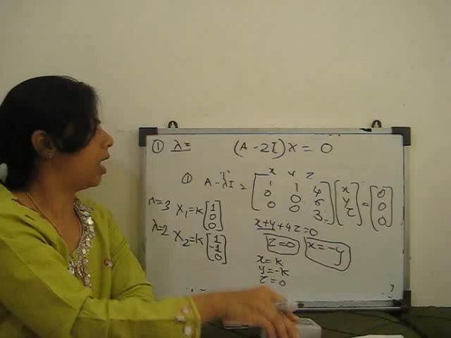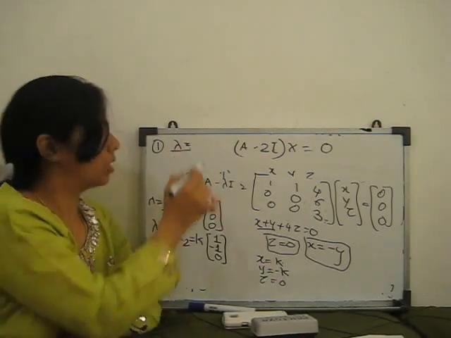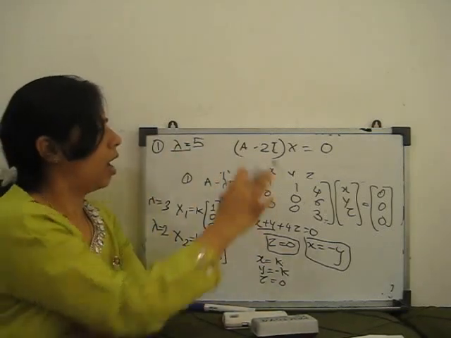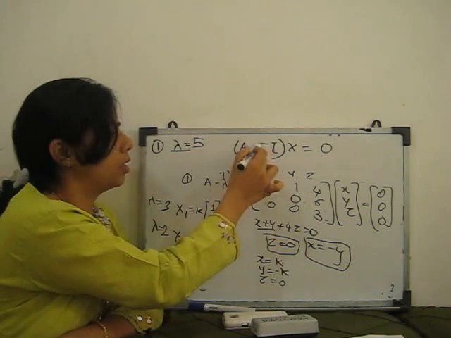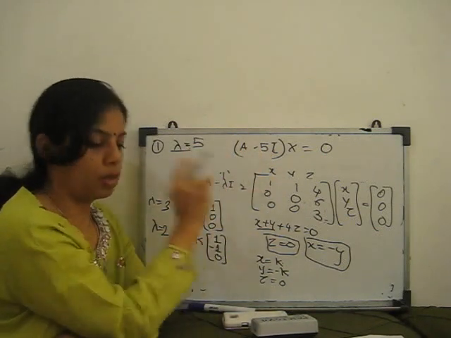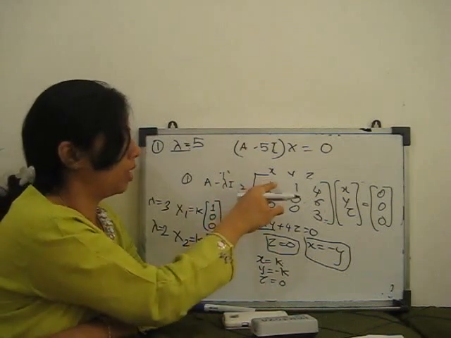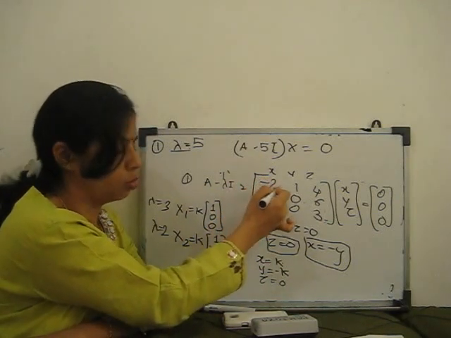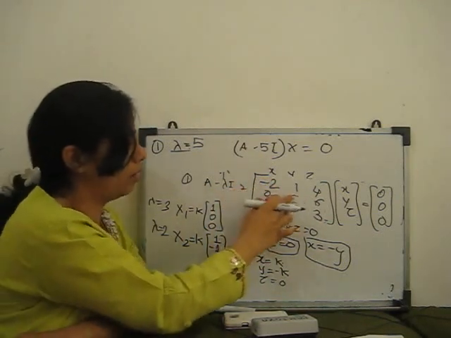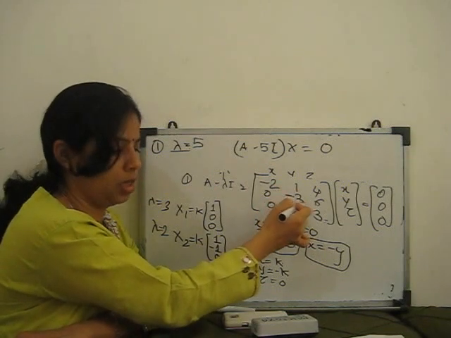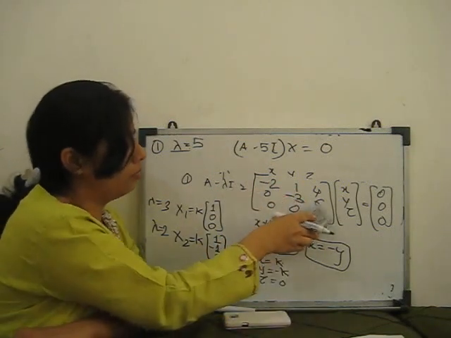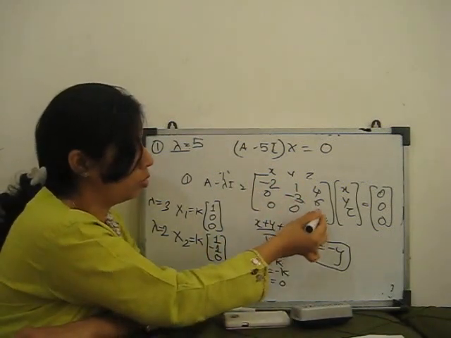Last one: our last root is 5. Now we have to find the eigenvector for λ = 5. So our corresponding matrix is 3 minus 5, which is minus 2, 2 minus 5, which is minus 3, and 5 minus 5, which gives 0.